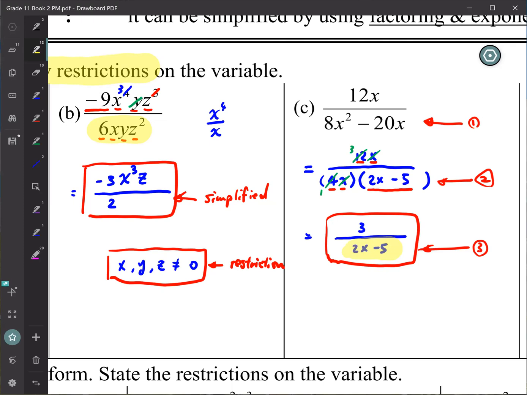So it's better you look at the one that's factored. So line 2 over here should be the line you look at for restrictions. Otherwise, you'll miss a restriction there. Okay. So please write out the restrictions now. Look at the second line, second denominator. When you get the restriction, please raise your hand.